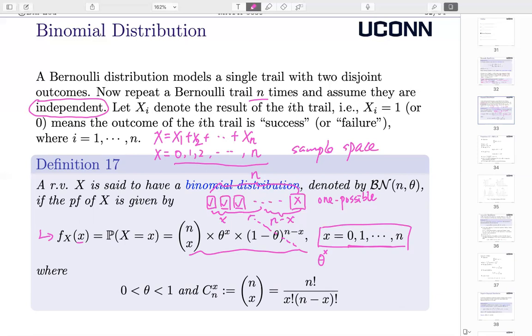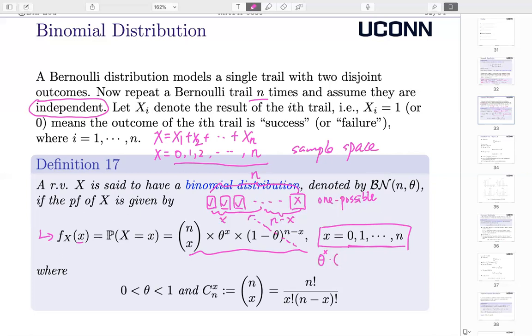That's given from the Bernoulli distribution. And here I have x of them. Because they are independent, I multiply them together, theta times theta, all the way, x of them. So that's why I raise the power to x.